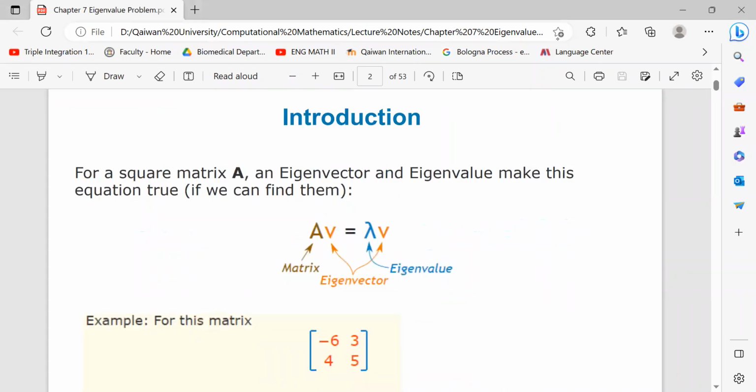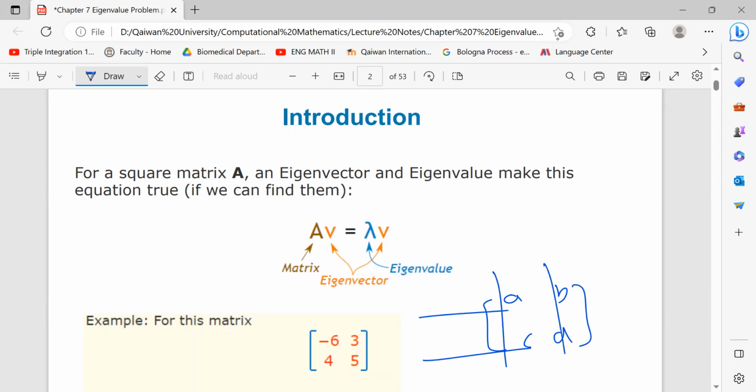Here it says for a square matrix, so our matrix must be square. That means the number of rows is the same as the number of columns. For example, here we have a 2x2 matrix. Let's say A, B, C, and D. As you see, we have 2 rows and 2 columns.